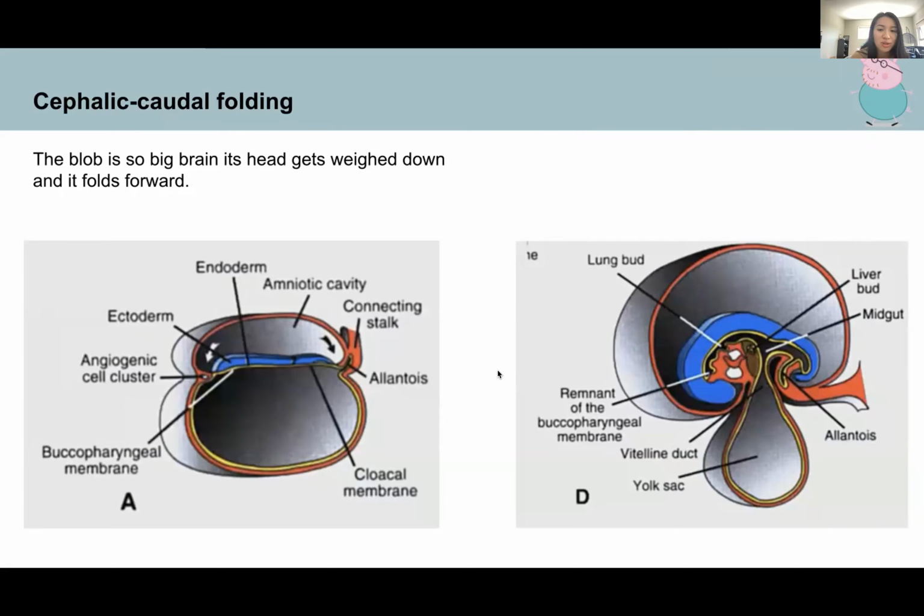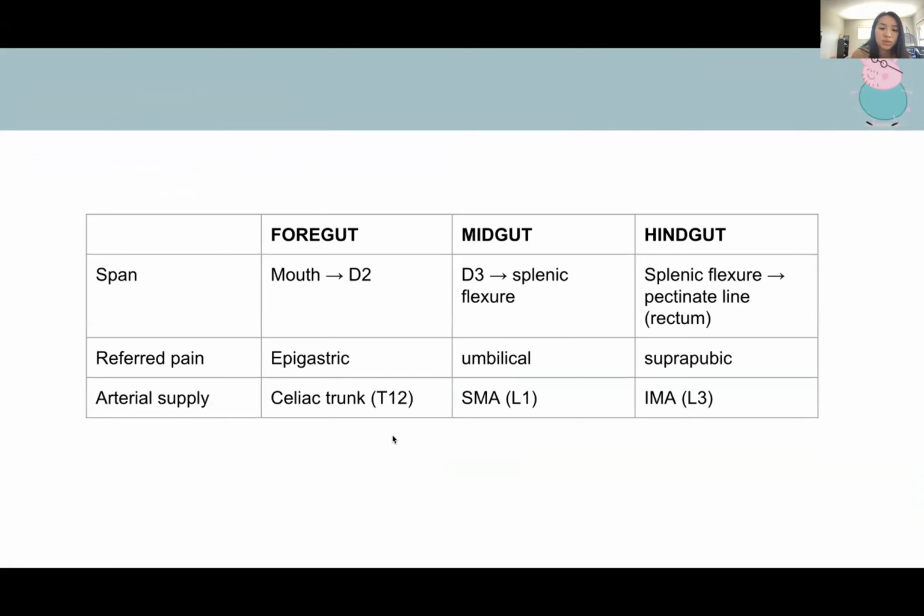So this is a different one. The lateral was the sides, but this time cephalic and caudal means head and tail. So head-tail folding. In this case, this is when the gut tube elongates. Yeah, cool. This is important.